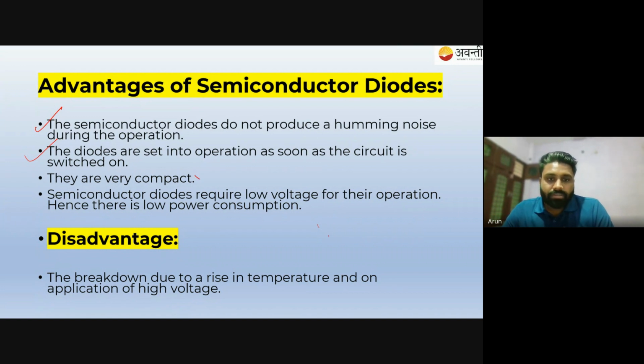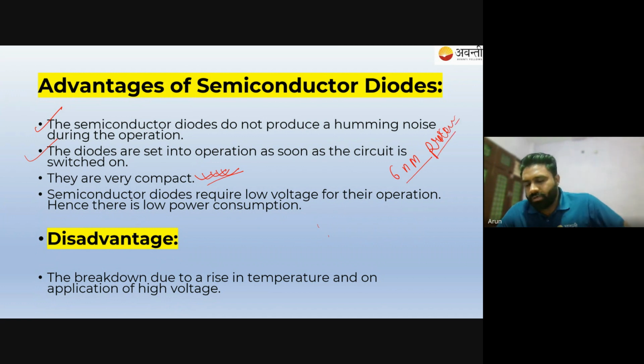The most important advantage is that their size is very compact. If you are using a 6 nm processor, you have heard of it when you wish to buy a phone, you will also check the processor of it or of the computer that you are using. 6 nm means 6 nanometer.